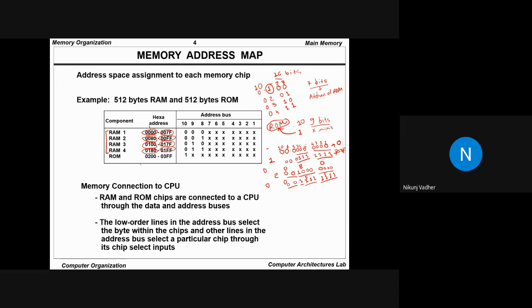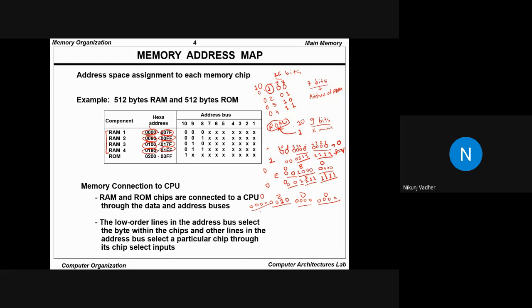And for ROM, we will have 9 bits, and the value of the 10th bit will be 1. The value of bit 9 will be 0, so 0, 0. This is 0, this is 0, this is 2, and again 0, because we have a 16-bit address.